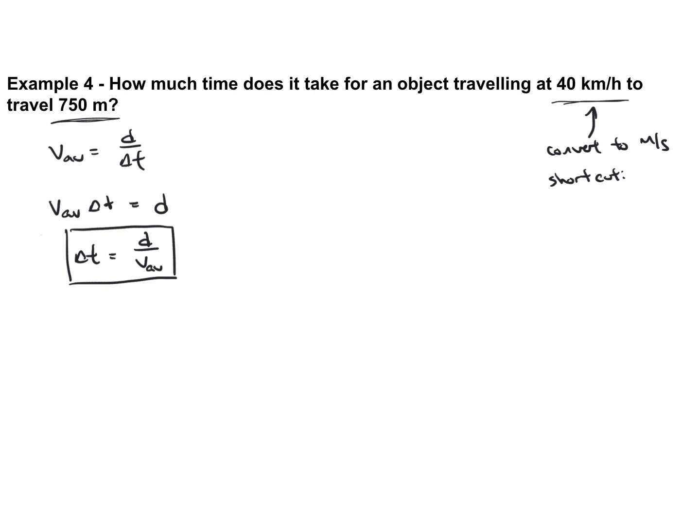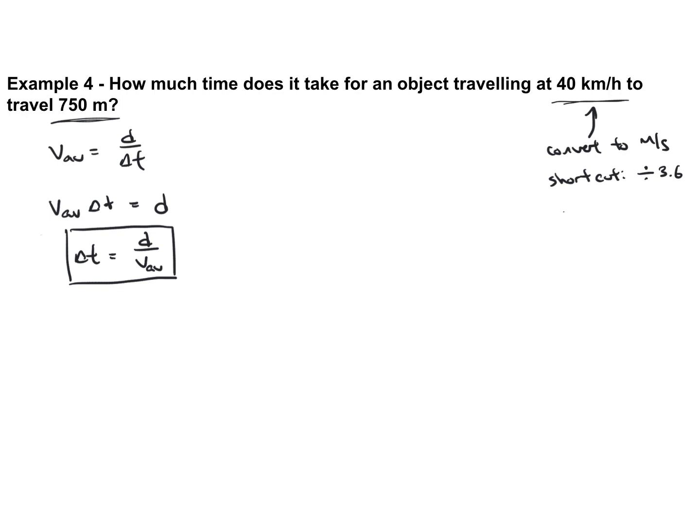But now, do I multiply by 3.6 or do I divide by 3.6? It turns out that we will divide when we're doing this conversion. And if we had meters per second and wanted to convert to kilometers per hour, we would multiply by 3.6. Now, where does this number 3.6 come from?